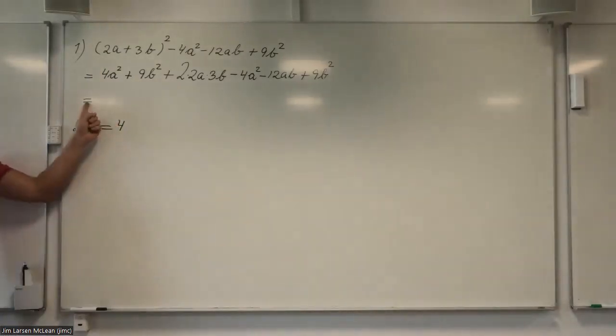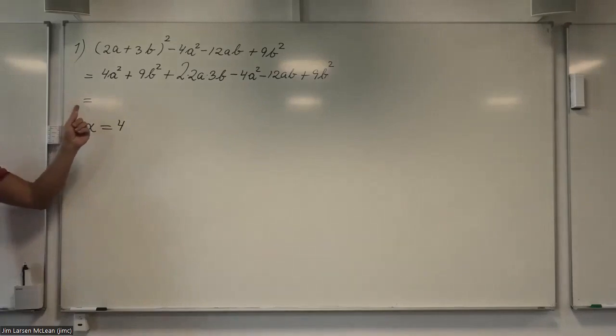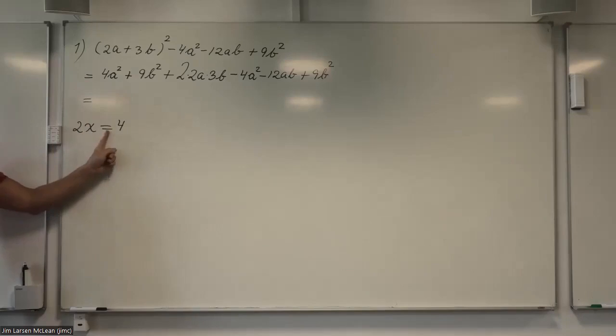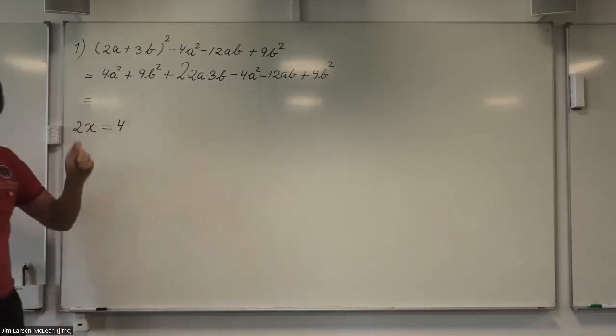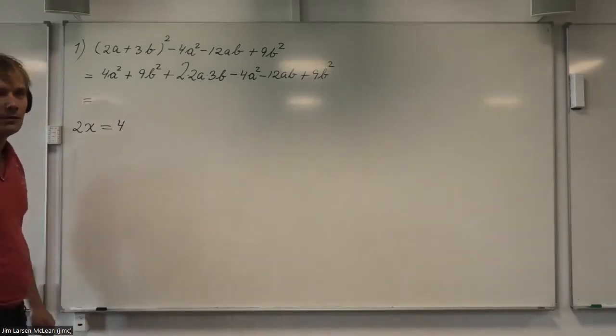That equal sign is a truism equal sign. It means that it's always true, no matter what values you assign to a and b. That equal sign is only true if x is assigned the value 2. So this is a conditional equal sign, while the other is a truth equal sign. So there's a difference, and you get used to looking at it.